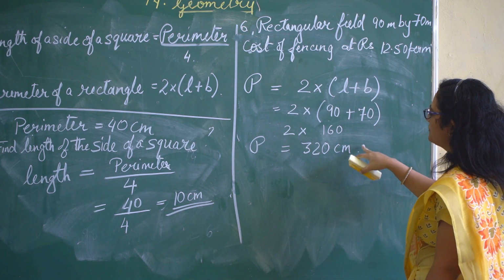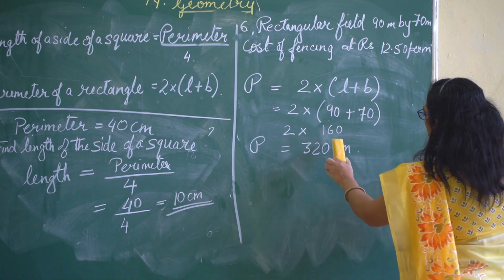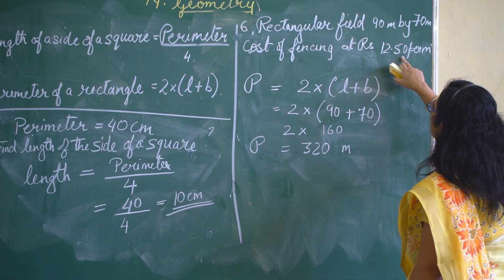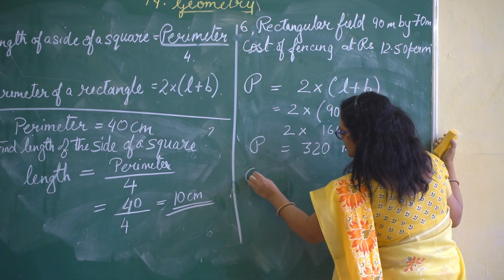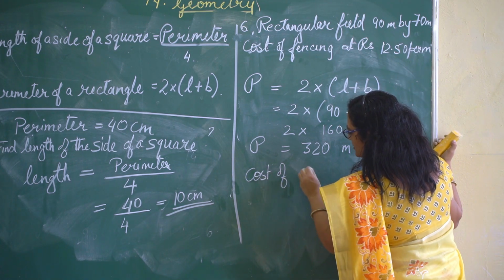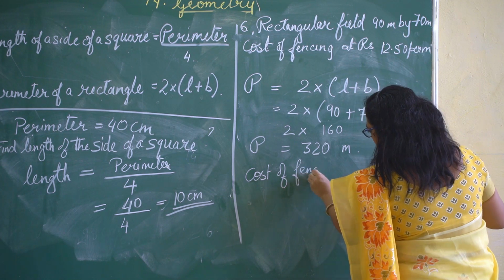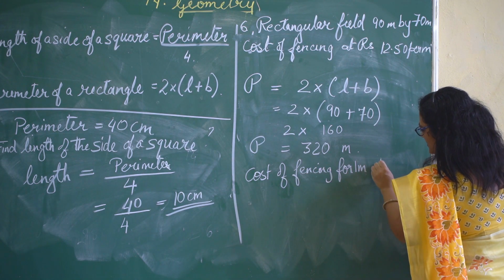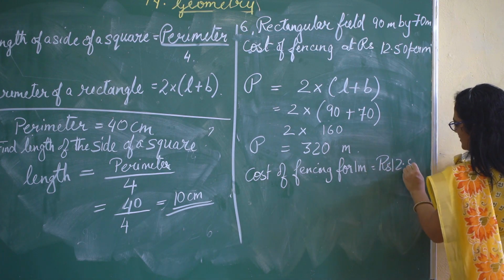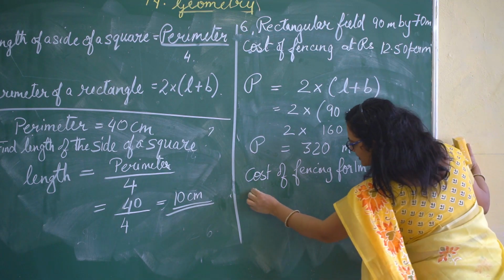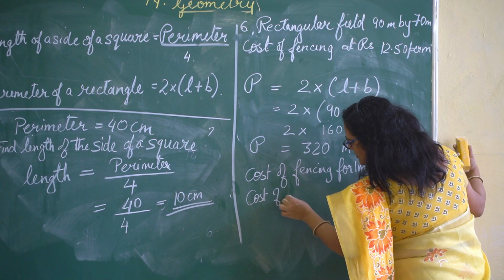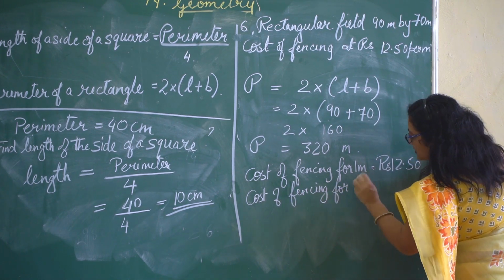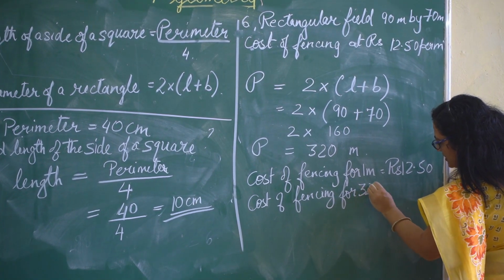Now what do we have to do? We have to multiply by rupees 12.50. The cost of fencing for 1 meter is given as rupees 12.50, and we have to find the cost of fencing for how many meters? 320 meter.